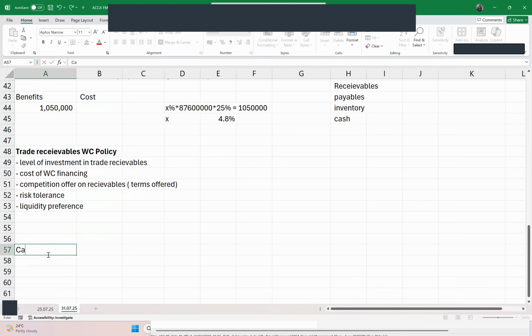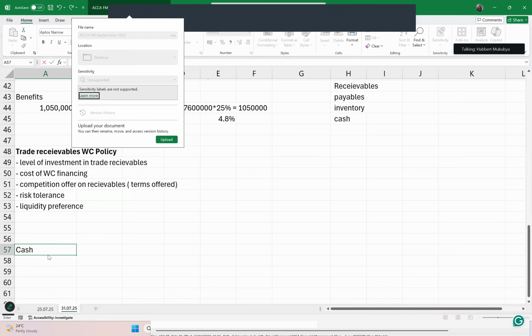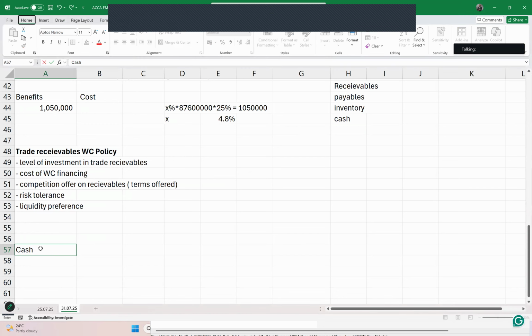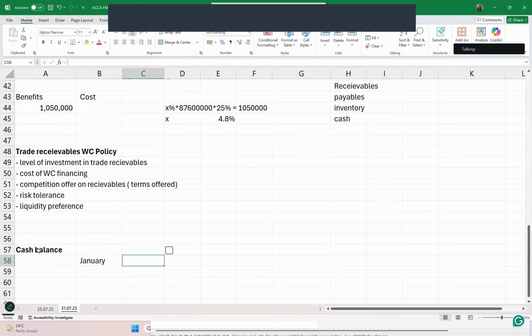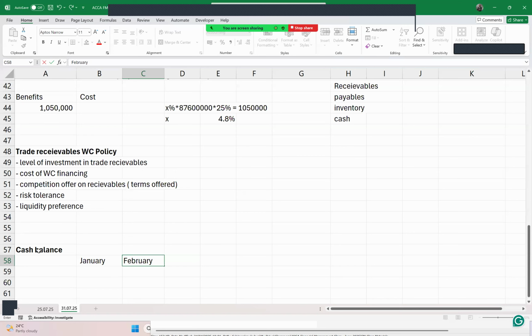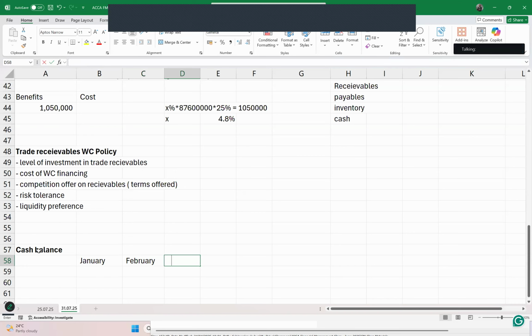We have a cash balance. They want us to do for 3 months, so we can put here January, February, March.